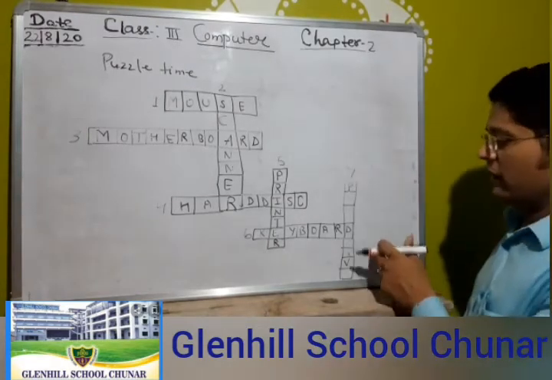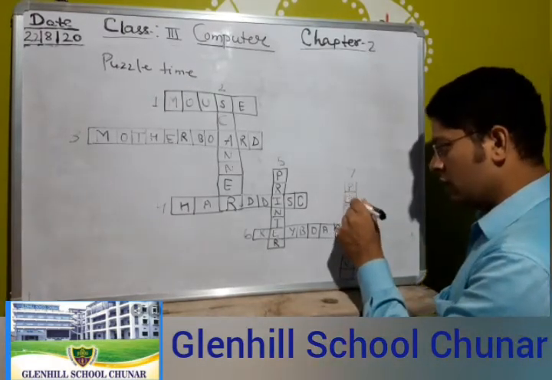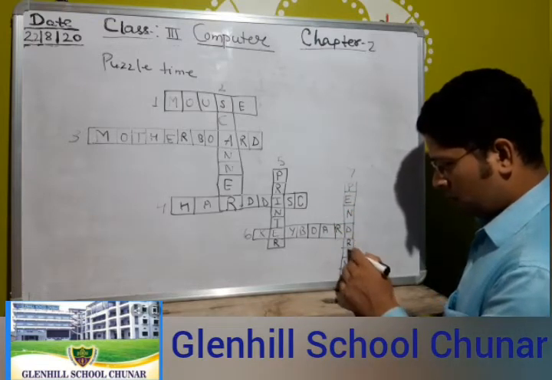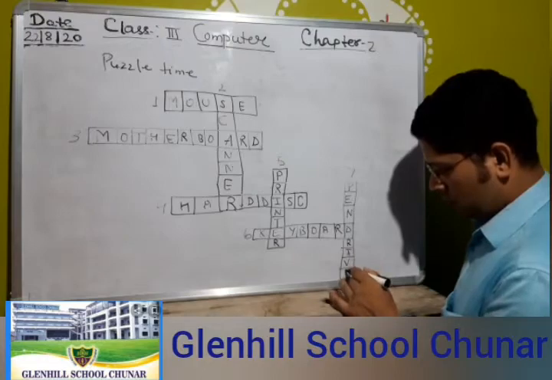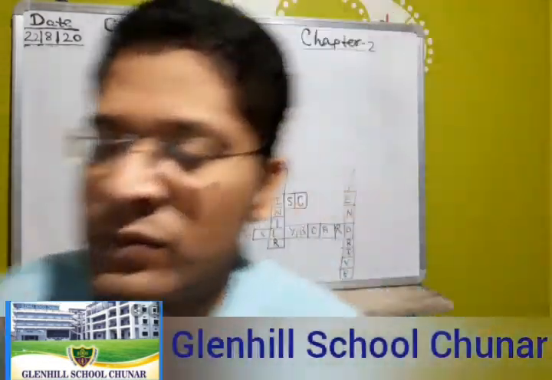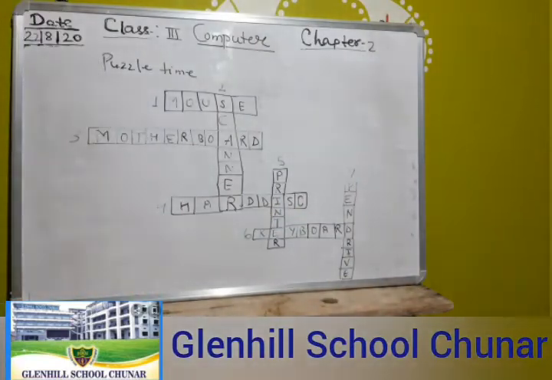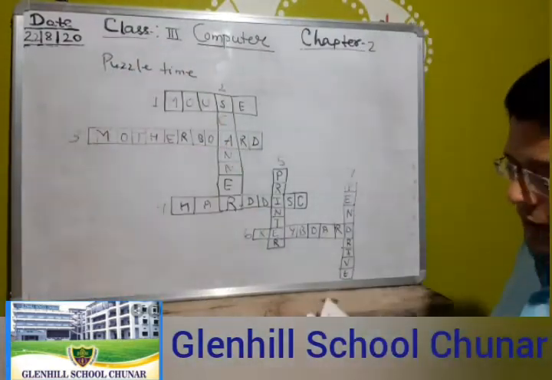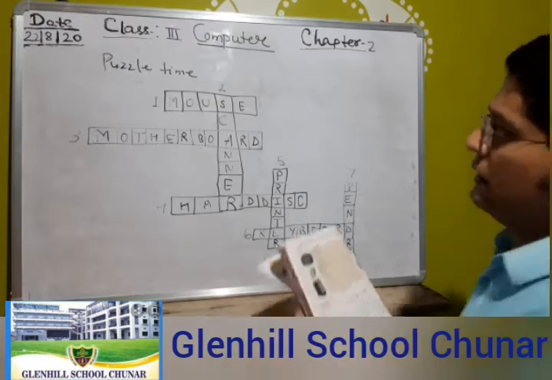So here is 7 letters option. So fill in pen drive. Okay, student, complete your crossword question answers. Clear? Any problem? Complete. Okay, and that's puzzle A.